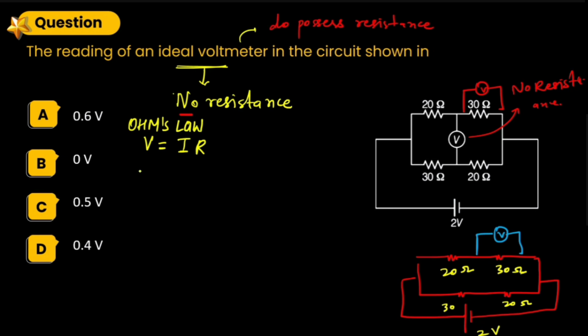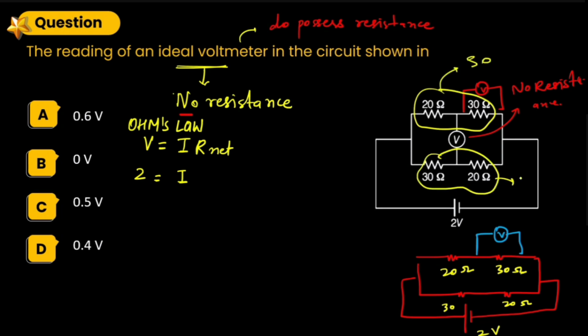So potential is given as 2. Current is something we have to find. Can I find the value of net resistance through this circuit? Like 20, 30 is 50. 20, 30, 20 is again 50 and they both are connected in parallel combination. So in parallel combination, resistance is R1 times R2 divided by R1 plus R2.